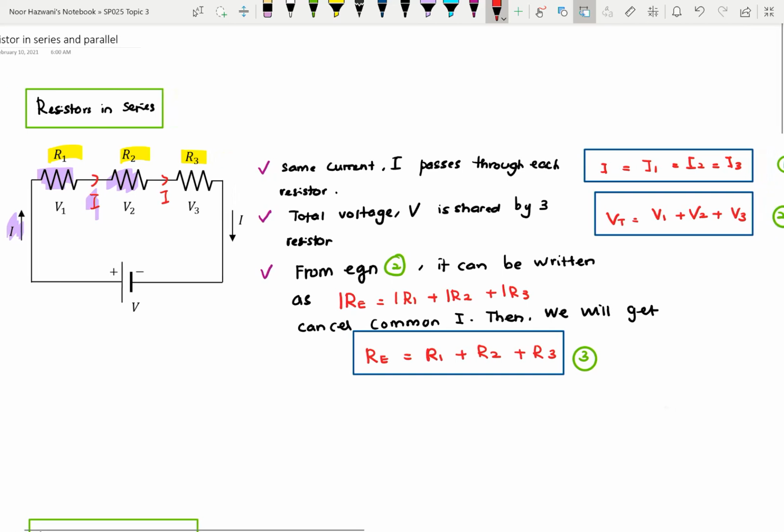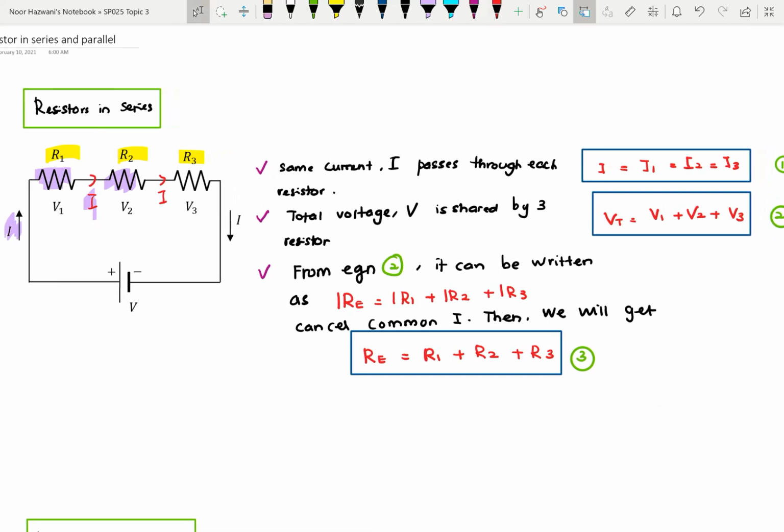So from that we could say that the same current will pass through each resistor, or we could rewrite the equation: I total would be equal to I which passed through resistor 1, equal to current which passed through I2, and also current which passed through I3, but the difference is just the label.